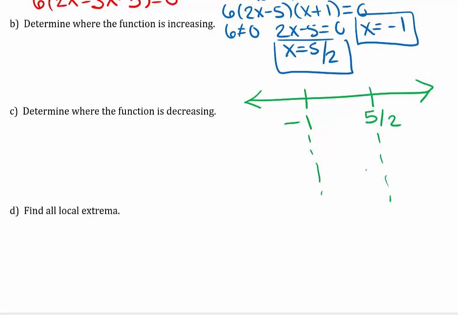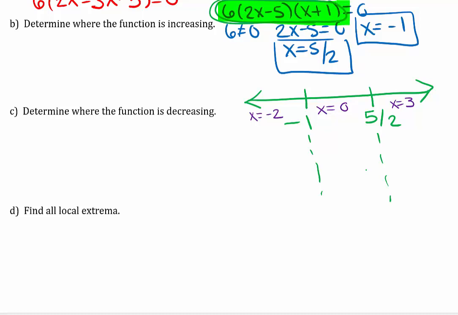And so I'm going to pick a test value in each interval. So I pick something that's smaller than -1, something between -1 and 5/2, and something that is larger than 5/2. And then I'm going to take these test values and plug them into my derivative. I think I'm going to plug them into this factored form of the derivative, but it doesn't actually matter.